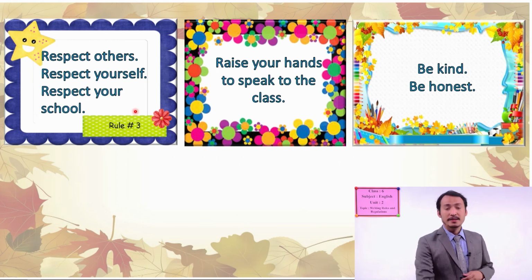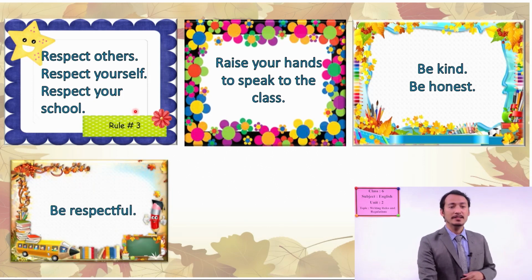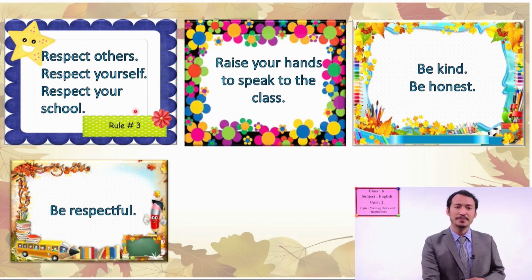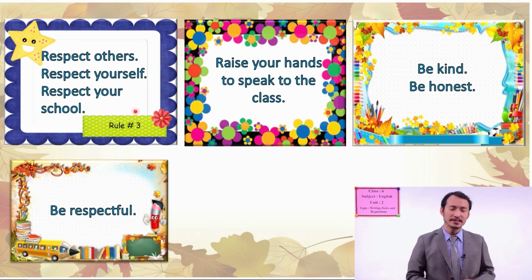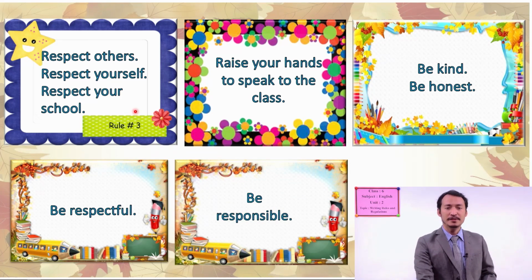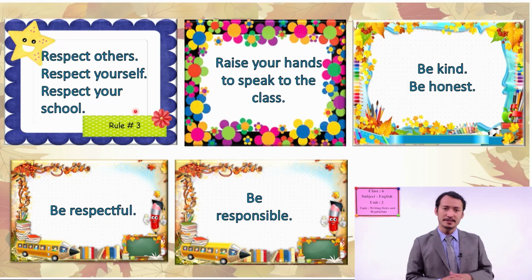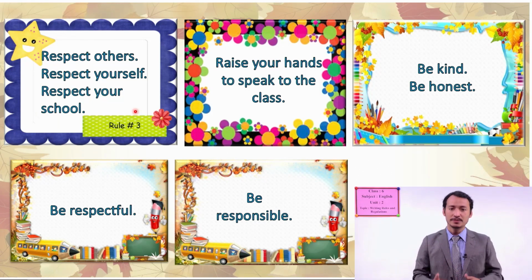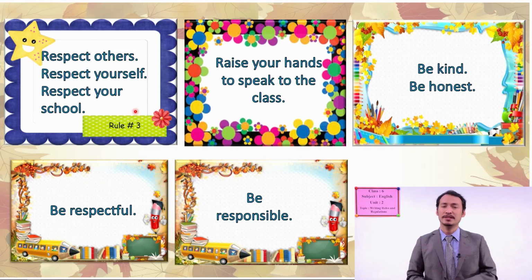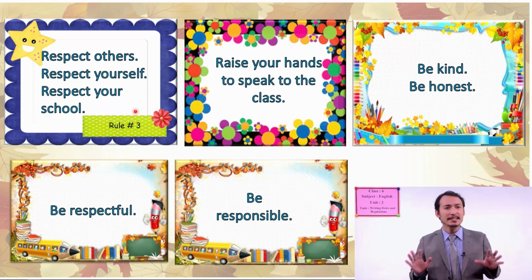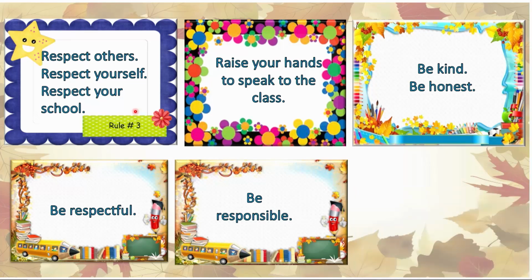So this is being honest and kind. Another one is be respectful. Be respectful means having kindness and politeness towards others. And be responsible means taking care of the things and surroundings. So you have to be responsible for the things around you. Okay, these are some rules for your classroom.